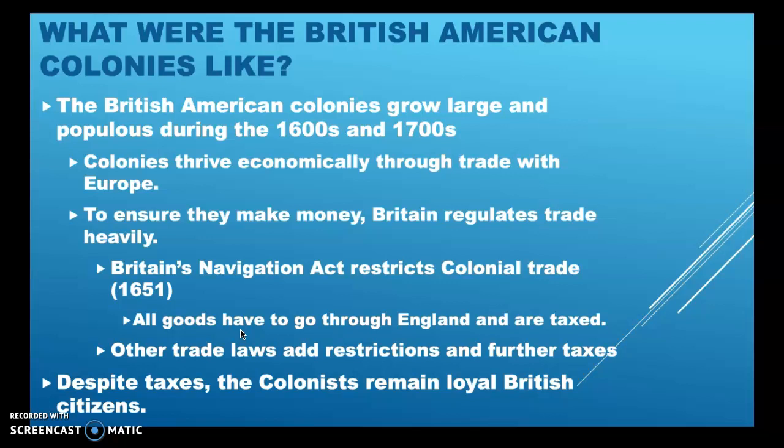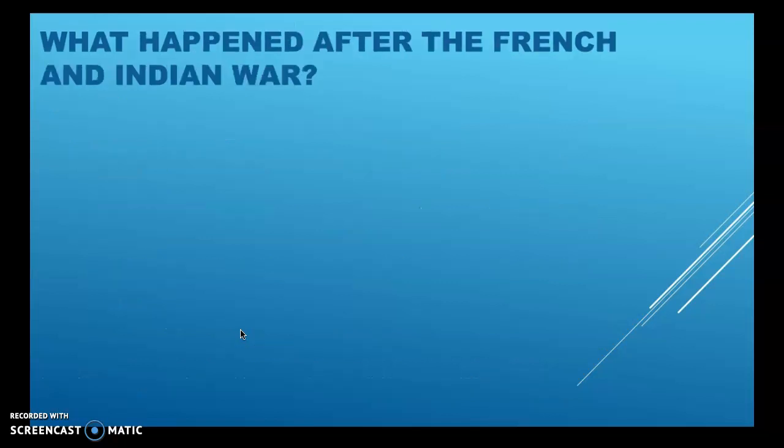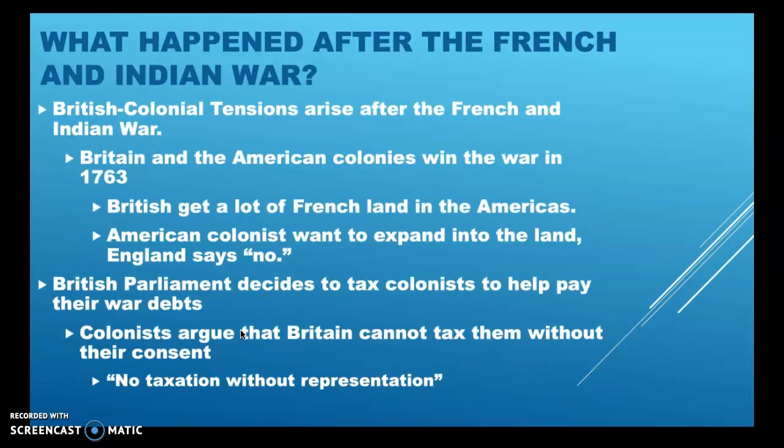This, while it benefits England because Great Britain is buying American raw materials for low prices, is hurting the colonists because they're not getting as much money as they possibly would have if they could have sold to the French or to the Spanish.